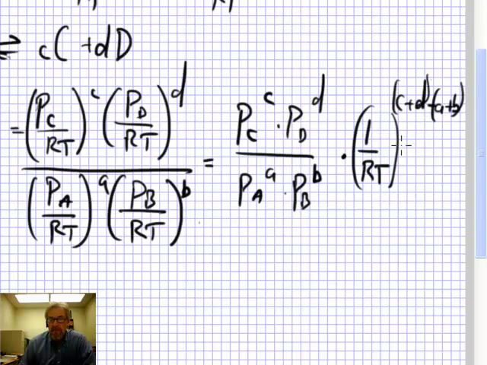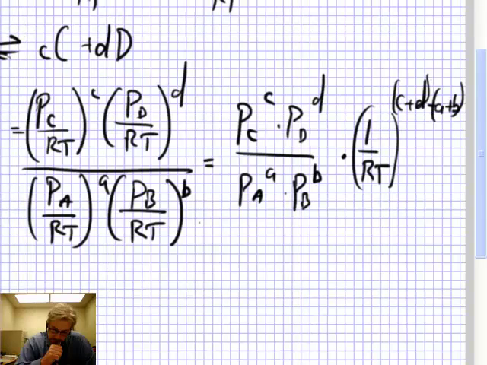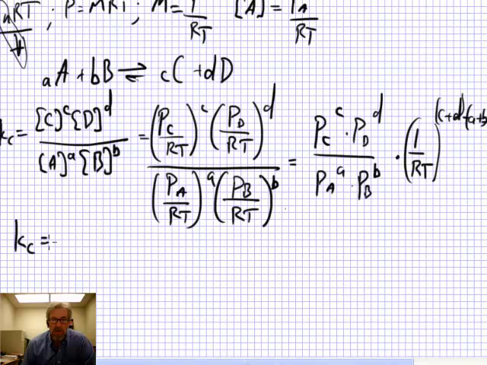But 1 over RT is a constant if temperature doesn't change. And when you raise a constant to any exponents, you just get another constant. So we could say then that Kc is equal to another constant, let's call it K primed, times Pc to the c, Pd to the d, over Pa to the a, times Pb to the b.